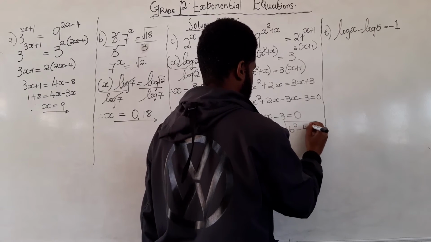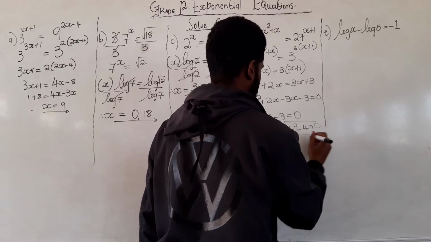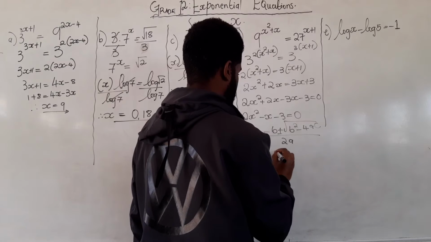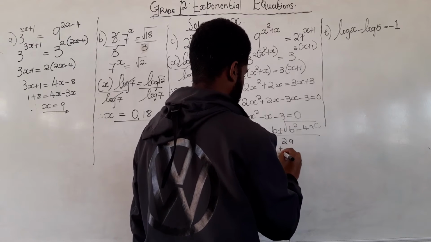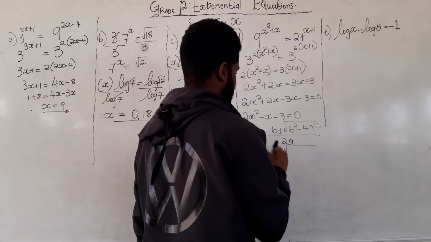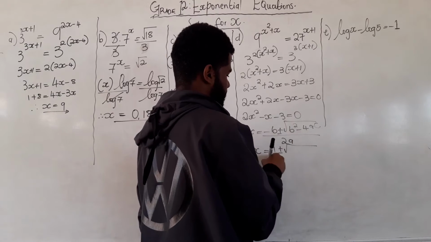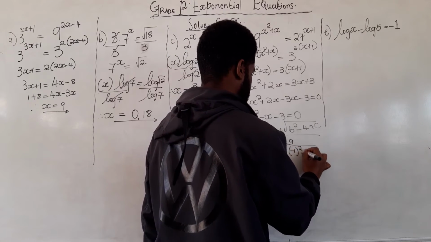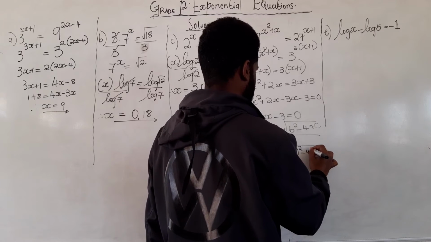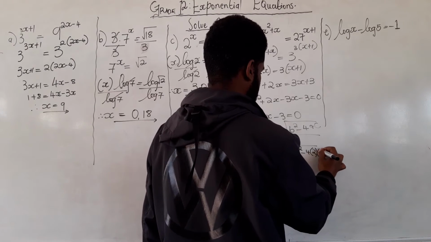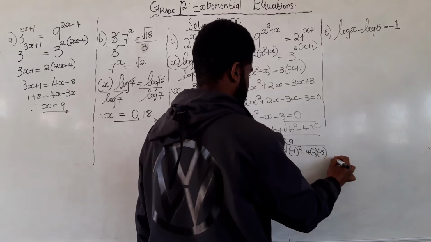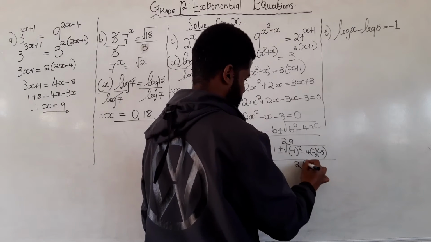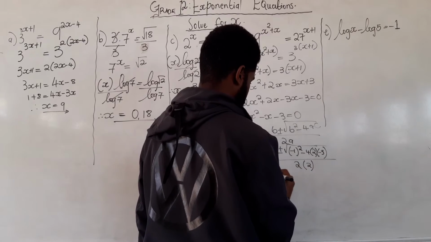Using negative b plus or minus the square root of b squared minus 4ac, all over 2a, x is equal to 1 plus or minus, the reason being that negative b is negative negative 1, which gives a positive. Then the square root of negative 1 squared minus 4, where a is 2 and c is negative 3, all divided by 2 times the coefficient of x squared, 2 times 2.